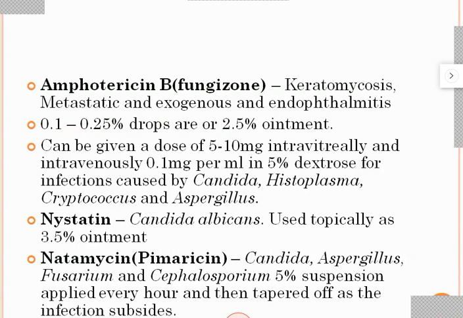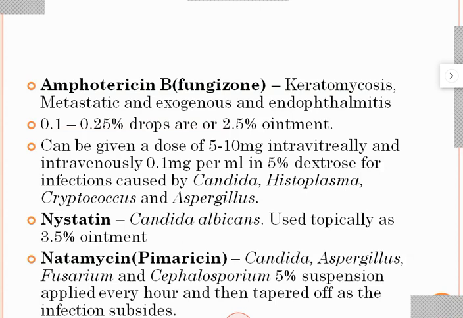It can be given in a dosage of 5 to 10 mg per kg body weight, 5 to 10 mg intravitreally as an intravitreal injection, and intravenously also, in the concentration of 1.1 milligram per ml in 5% dextrose, for infections caused by Candida, Histoplasma, Cryptococcus and Aspergillus.